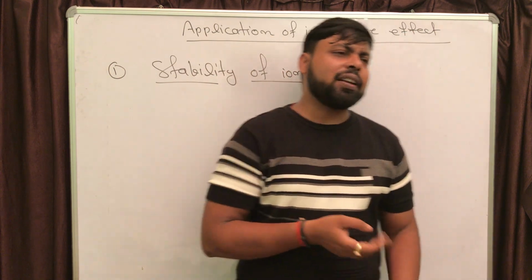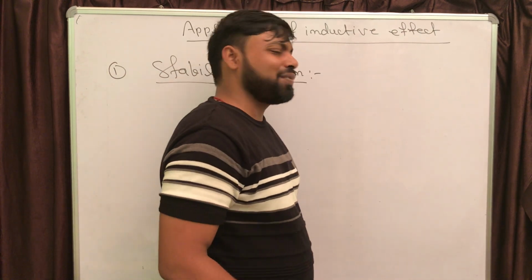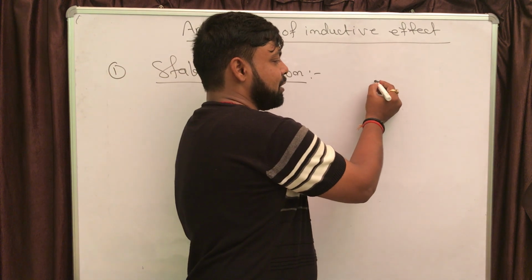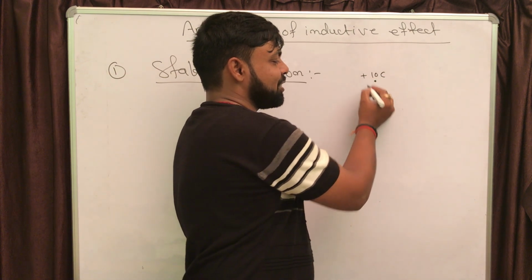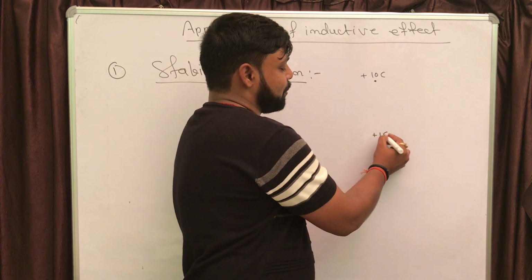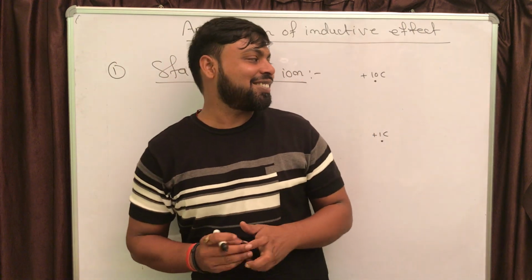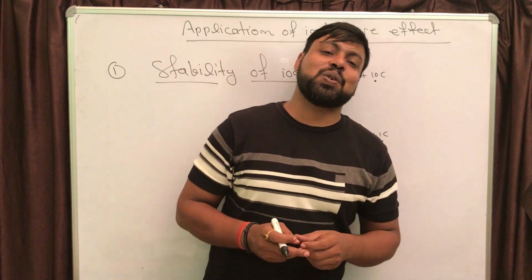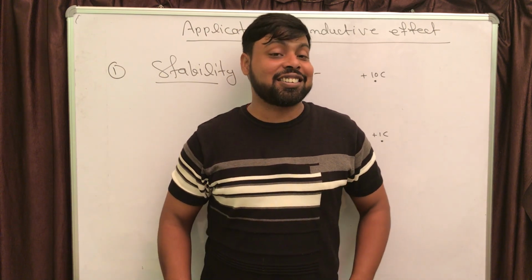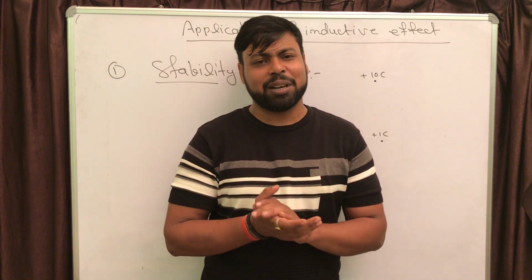So one thing I want to ask. Let's say I have two charges. One is, let's say, 10 coulomb positive charge, and another one is 1 coulomb positive charge. If it is asked which charge is going to be more stable, be very clear with your fundamentals.